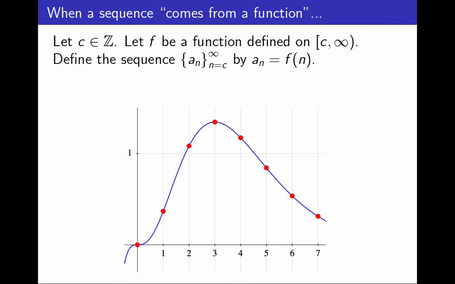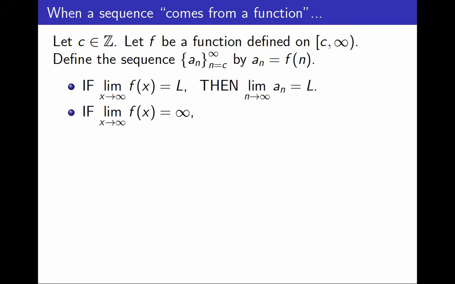In this case, what's the relation between the limit of the function and the limit of the sequence? Well, in this situation, if the limit as x approaches infinity of f of x exists and is a real number L, then the limit of the sequence is also L. If the limit as x approaches infinity of f of x is infinity, then the limit of the sequence is also infinity.